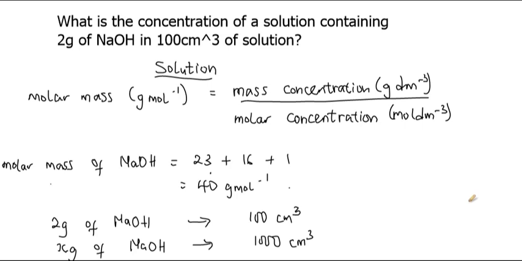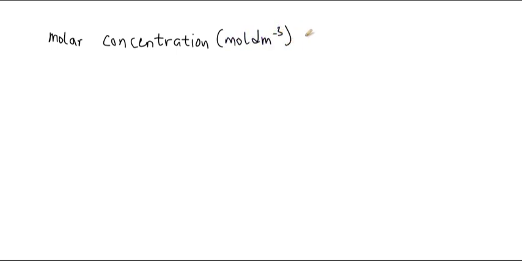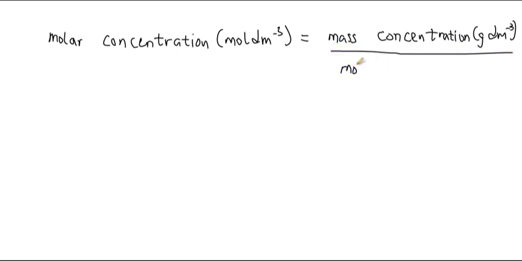we'll be making the molar concentration the subject of the formula by saying molar concentration, the unit mole per dm³, equals mass concentration, unit here grams per dm³, divided by the molar mass, in grams per mole.